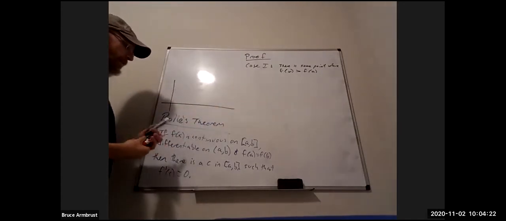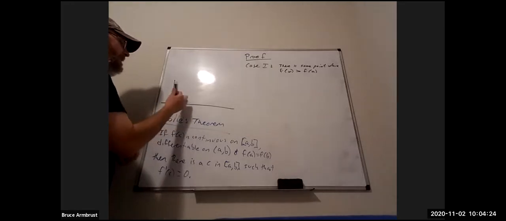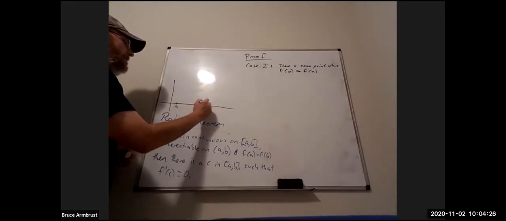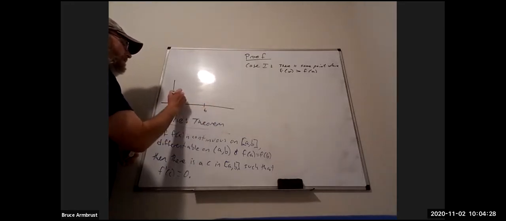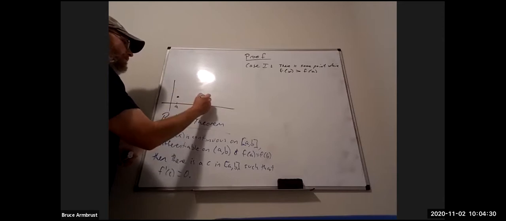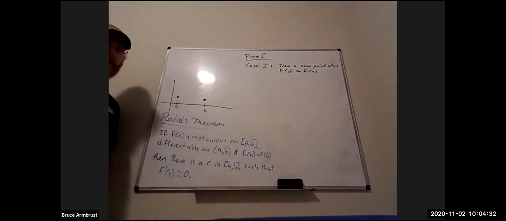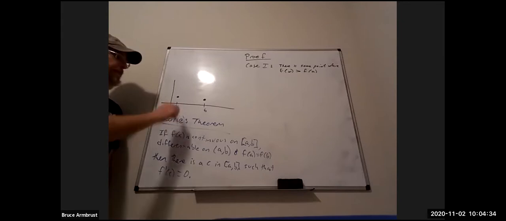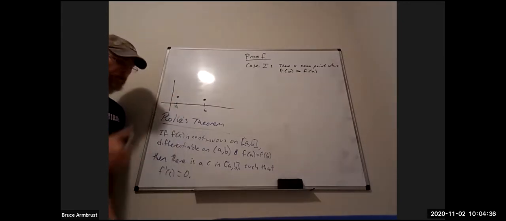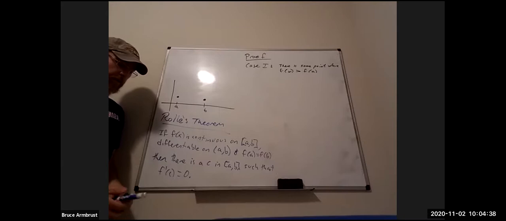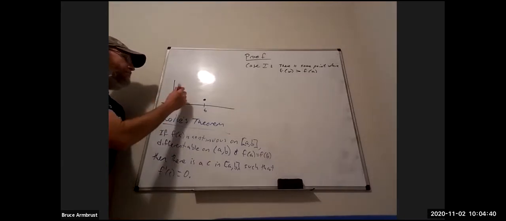We've got f of a equals f of b. So here's a, here's b. But f of a equaling f of b means those things are at the same value. So the first case is going to be where there's some point that's above this.